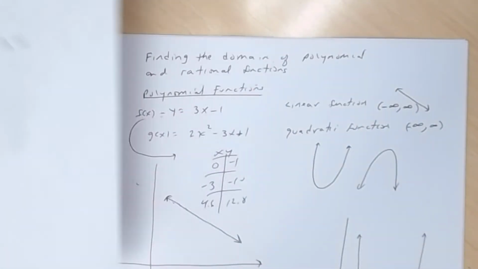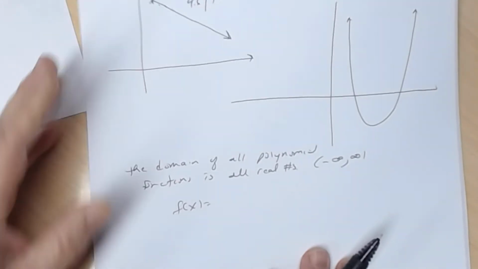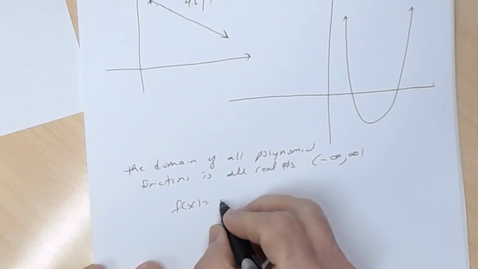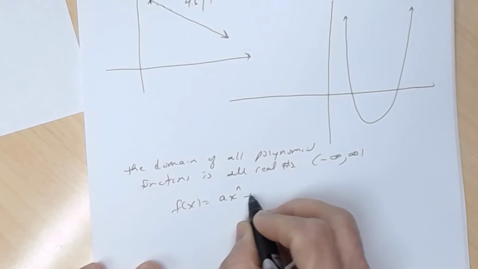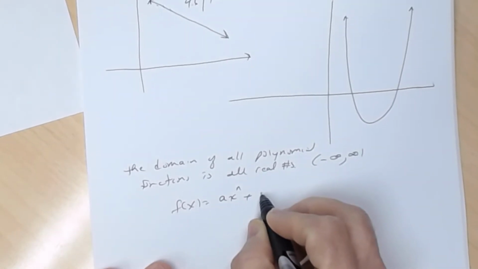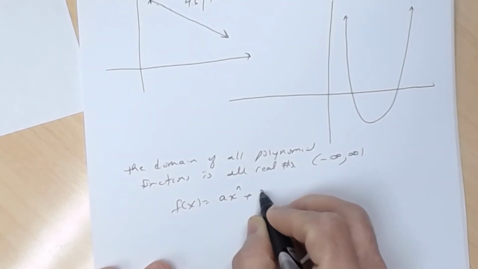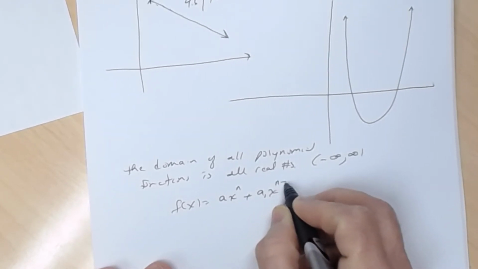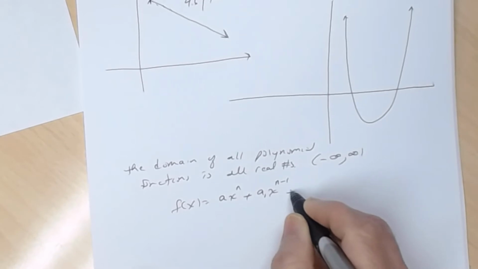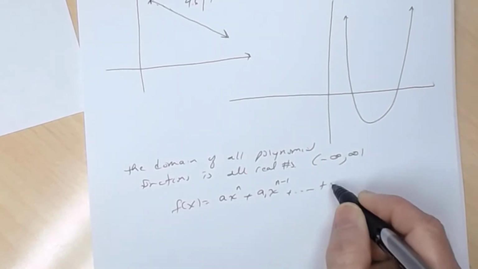But the point is, each term is going to have this form. It will look something like a times x to some power. Then you might have another term, and I'm going to use a1 times x to another power, n minus 1, let's say, and so on. So it's a bunch of terms, and then you may or may not see your constant.